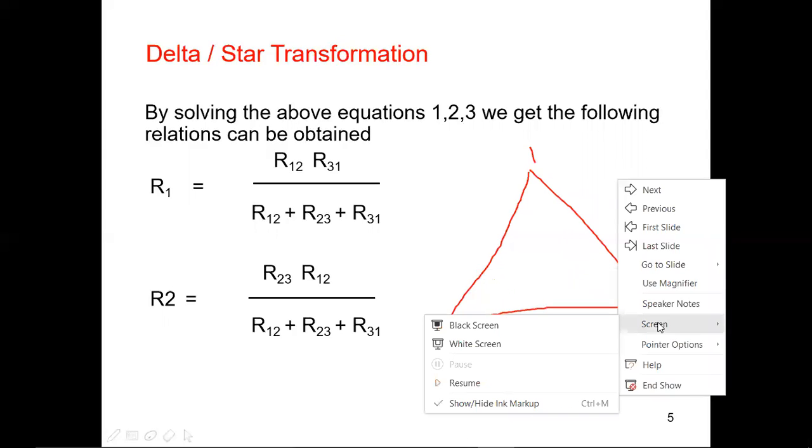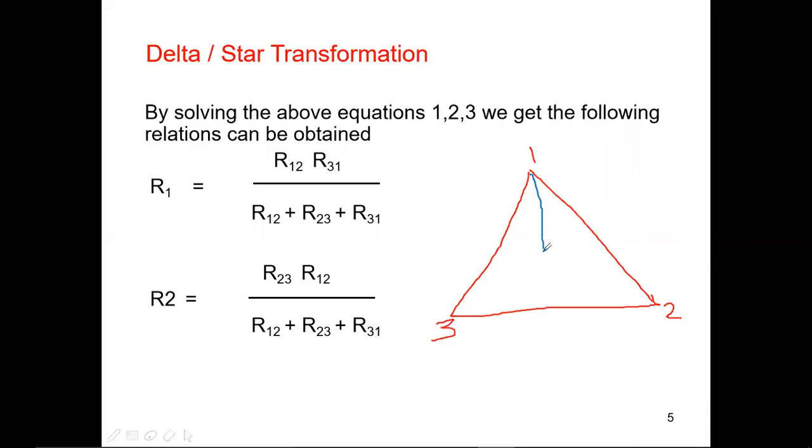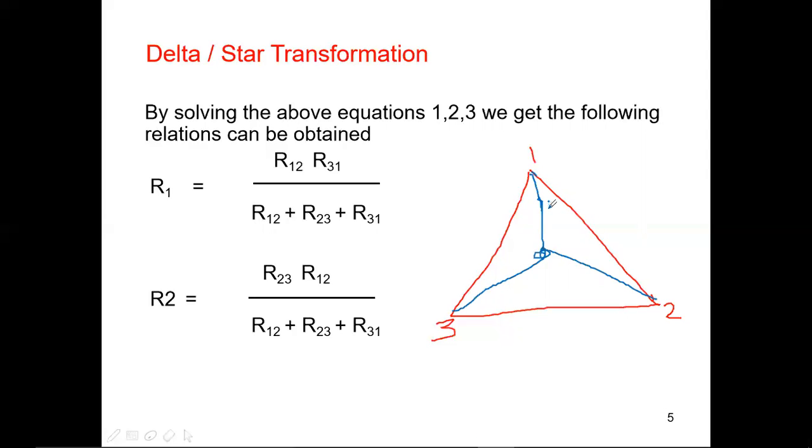How are we going to merge in delta? I am going to draw the star. Right, this is star. These are the resistances. I'm not going to draw those resistances again. Instead of drawing them, I will write this is R1, this is R2, this is R3, right? In star, this is neutral.